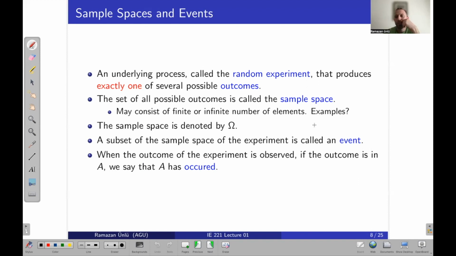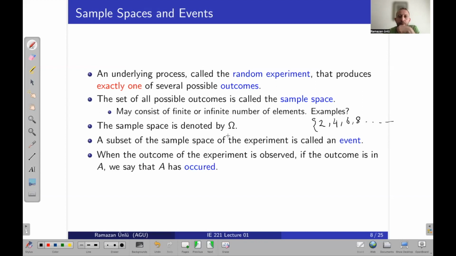Even positive digits, so it will start from 2, and 4, 6, 8. We can extend this list infinitely, so this is an infinite number of elements.